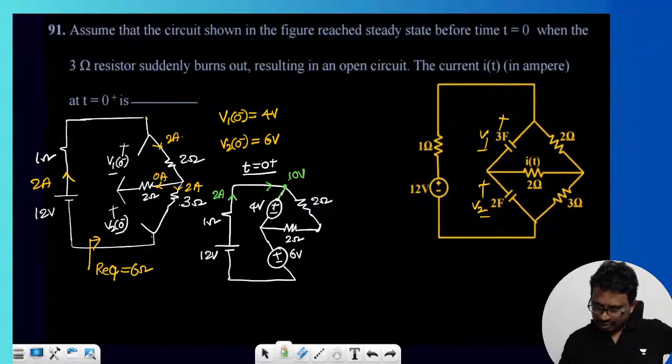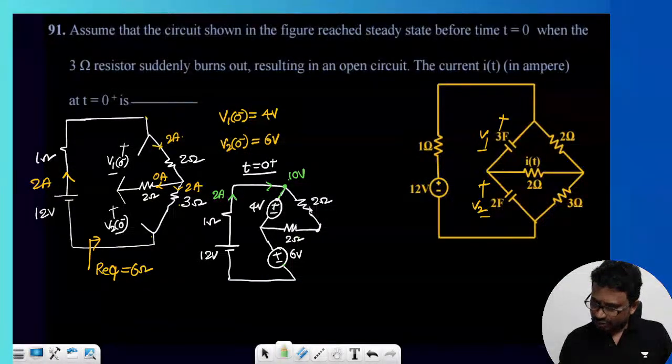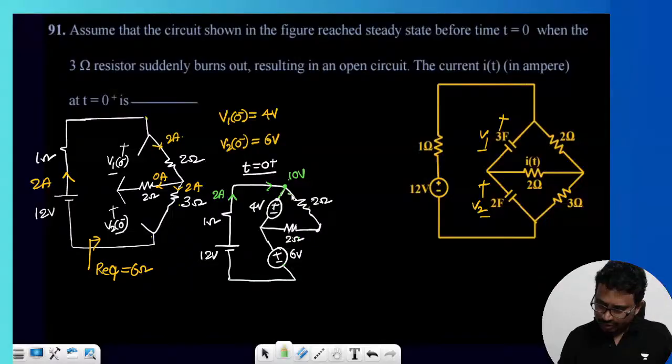So in this branch, tell me the equivalent value here. How much is the resistance here? 2. This is 2. These two resistors are in series. So that means how much current will go in this? 1 ampere will go.